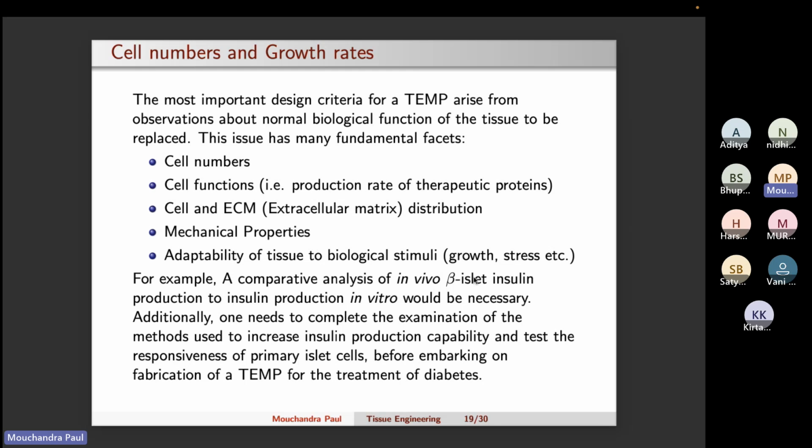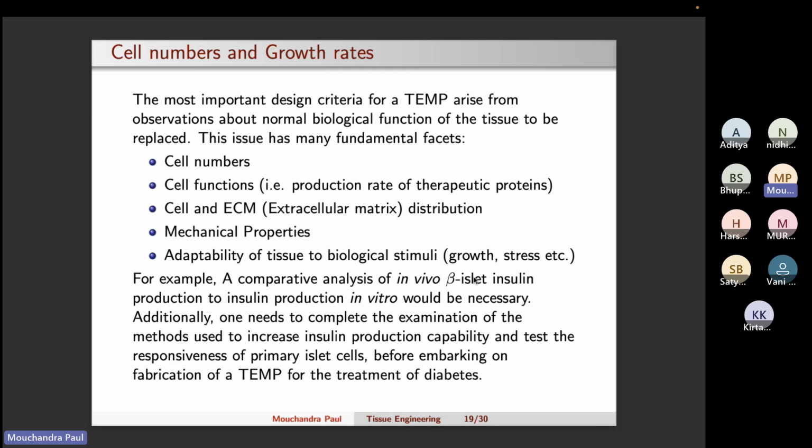from the normal organ function. So for example, a comparative analysis of in vivo beta islet insulin production to insulin production in vitro would be necessary. If we are going to design a beta islet cell encapsulation kind of product, we first have to see in encapsulated mode how much insulin is being produced in vitro, and whether it is comparable to the insulin production that takes place in vivo.